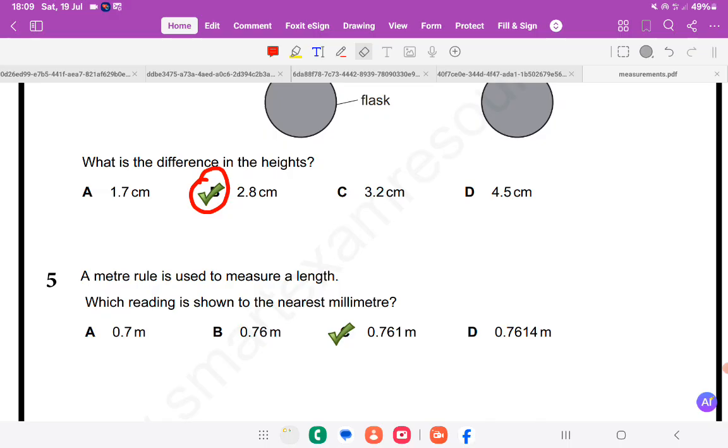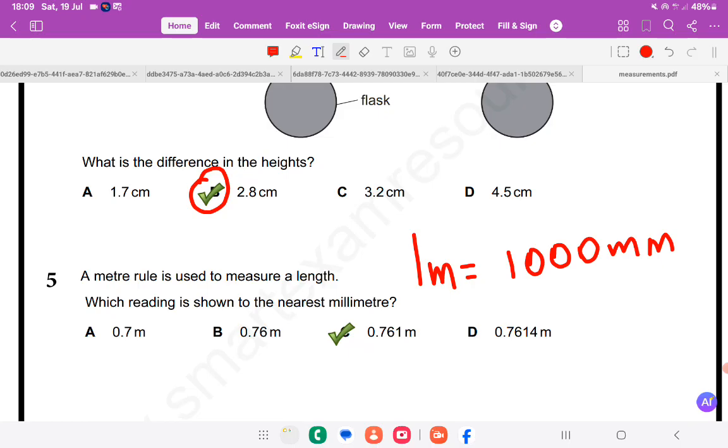Number 5, a meter rule is used to measure a length which reading is shown to the nearest millimeter. Alright, so in order for us to determine the correct value, we need to know the relationship between meter and the millimeter. Every 1 meter has 1,000 millimeters. This you must know.